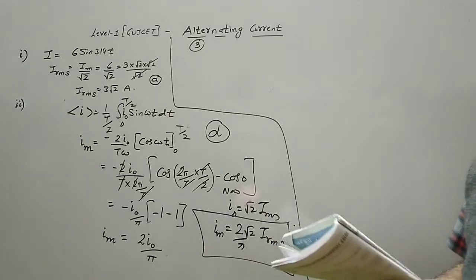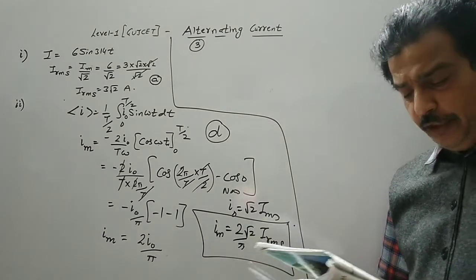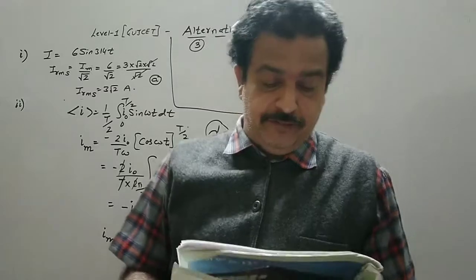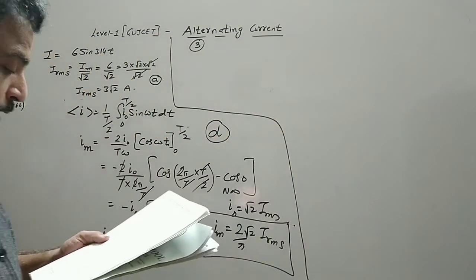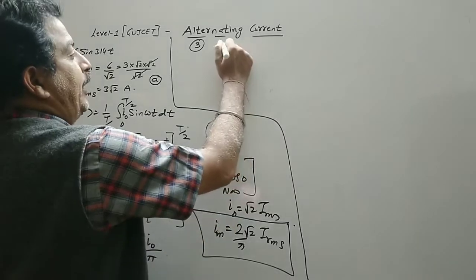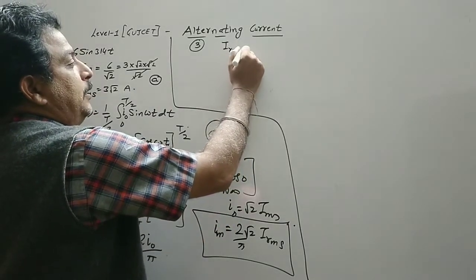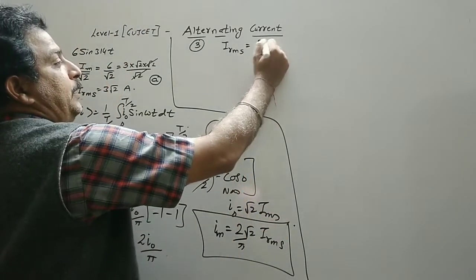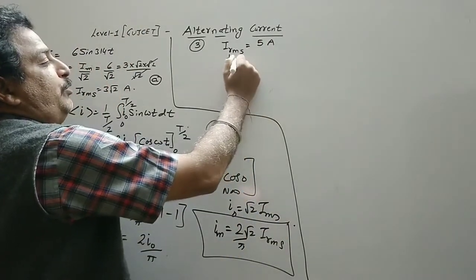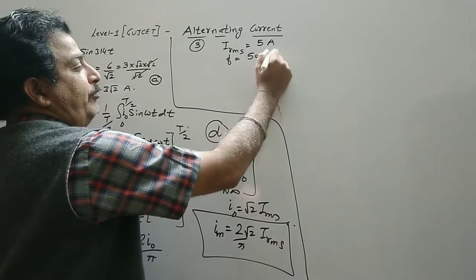Question number 3. The effective value of the current in a 50 cycle AC circuit is 5 ampere. So this is the effective value. Now effective value means IRMS. So IRMS is equal to 5 ampere. Frequency is 50 cycles, so we take 50 hertz.